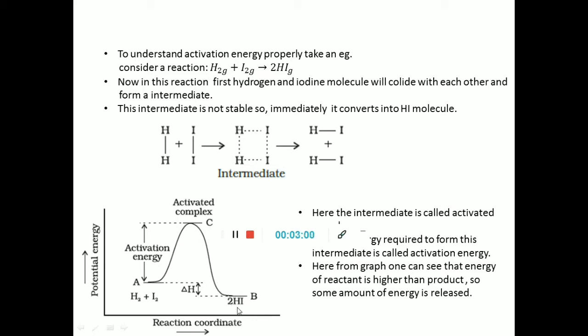The last point is our product HI. Here the energy gap between the activated complex and the reactant is called activation energy. And here you can see the energy of the product is lower than the energy of the reactant. So the energy gap between them is called the enthalpy of reaction, delta H.